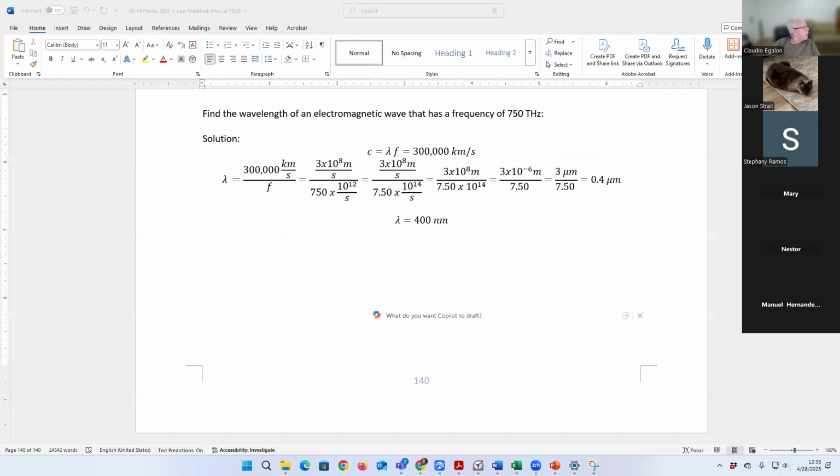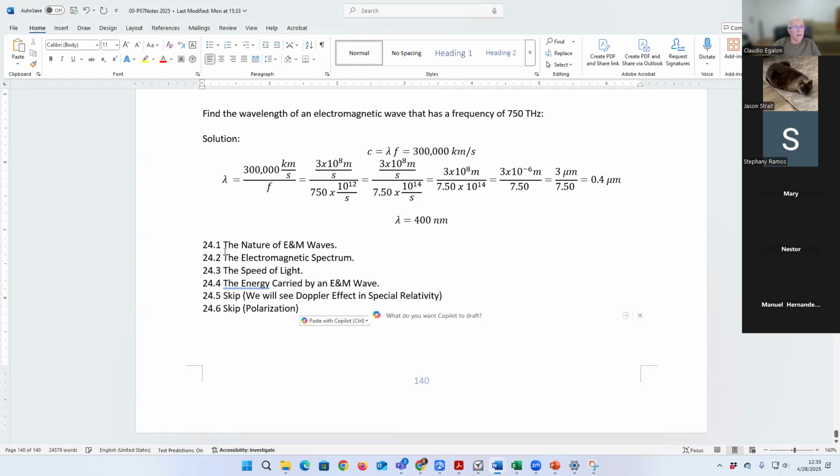Students coming in. Here you go. Nature of electromagnetic waves, electromagnetic spectrum, speed of light. Now we're going to talk about the energy carried by an electromagnetic wave. For now, we're going to skip those two, okay?